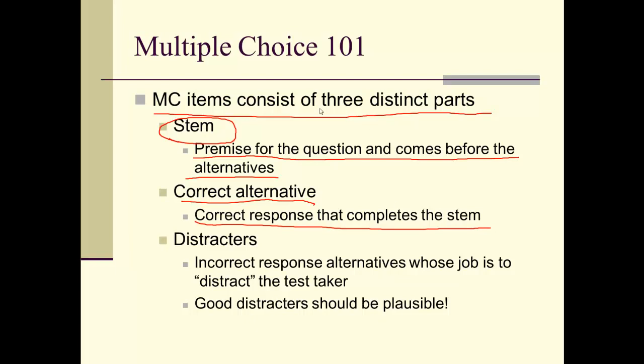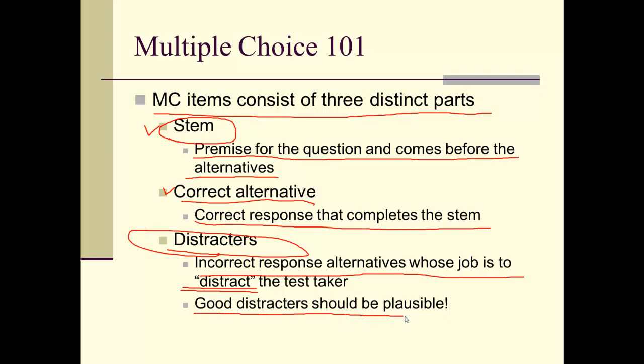Now once we've got our stem and correct alternative, then we can kind of fill in with what your book calls distractors. These are going to be the incorrect responses. Now, they are designed to distract the test taker. But one of the things that's nice about the distractors is they should be plausible. They should be close to the answer. We're going to have to make the student think.